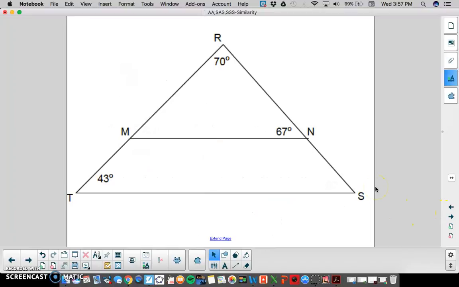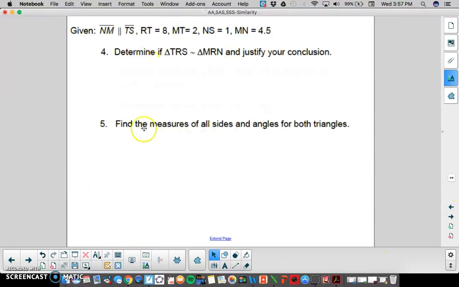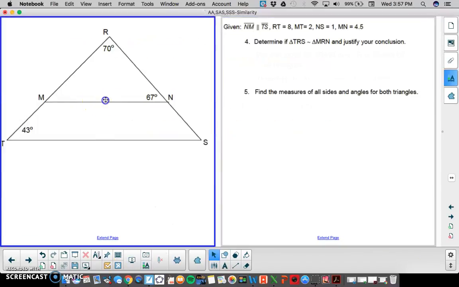Okay, take a look at our triangles here. We have a triangle inside a triangle here. We have triangle RMN and triangle RTS. Now we're going to answer some questions about those. We're given some information. We're given that we have parallel lines.